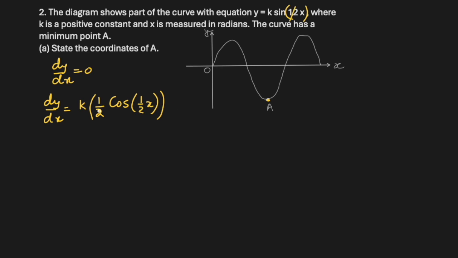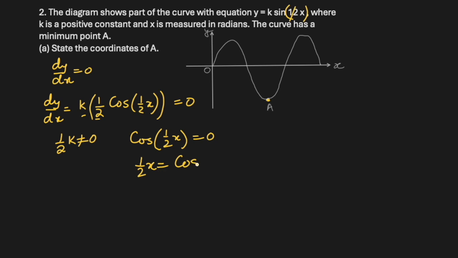So what do we get here? This has to be equal to 0. Half k cannot be equal to 0, it's a constant, so this is not our answer. This can be equal to 0: cos half x equal to 0. So half x equal to cos inverse 0.